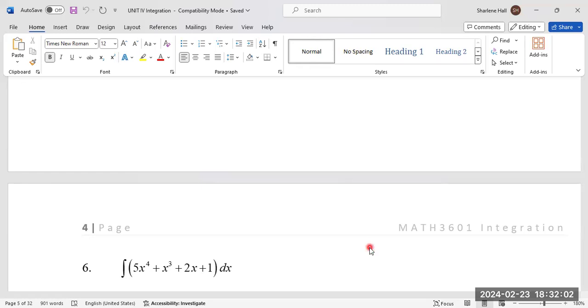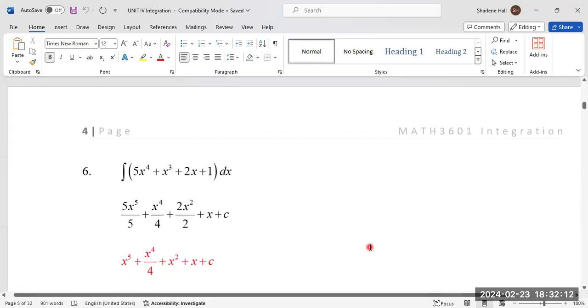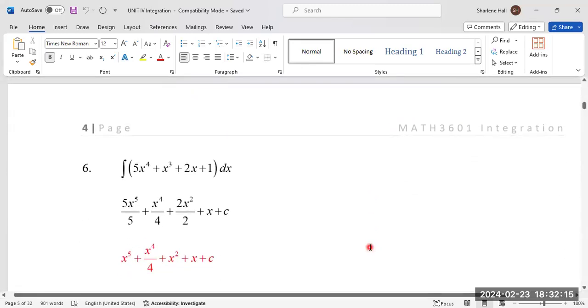Sir, x to the 5 plus x to the 4 over 4 plus x squared plus x plus c. Everybody agrees? Yes, sir.